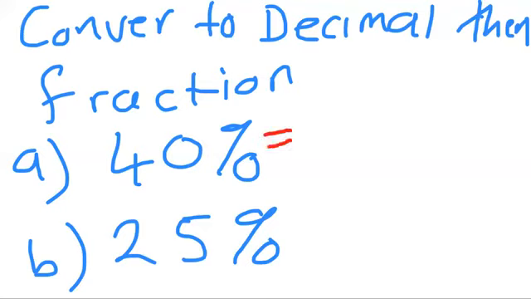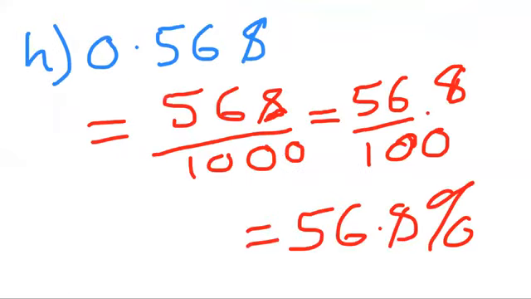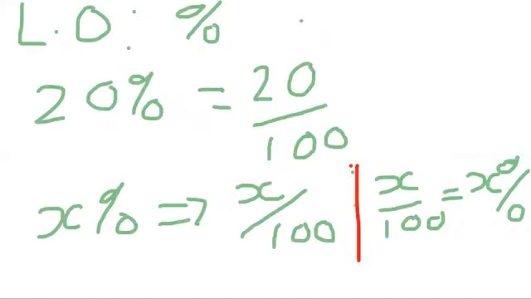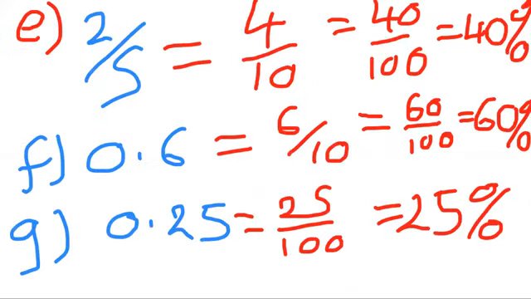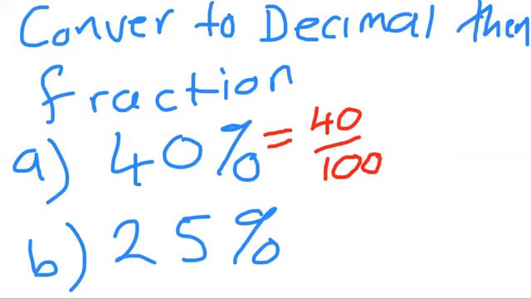This is 40 over 100. If you remember from our first board, we had that x out of 100 is equal to x percent. So now you have that 40 out of 100 is the same as 40%.